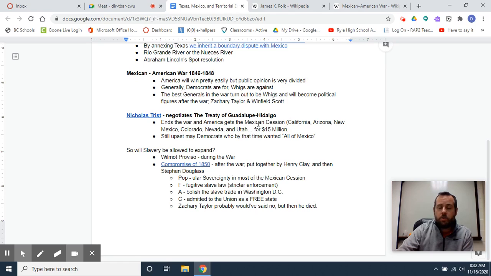Today, that territory makes up California, Arizona, New Mexico, Colorado, Nevada, and Utah. So basically, from the Mexican-American War, we take, or Mexico cedes to us, the entire American Southwest. We end up paying a $15 million indemnity to Mexico for that land and for the war.